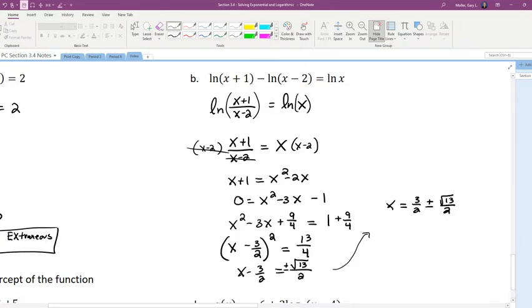As I look at this problem, the square root of 13 is 3 point something, and so 3 halves minus 3 point something halves is going to be a negative number. So I already know the negative doesn't work.